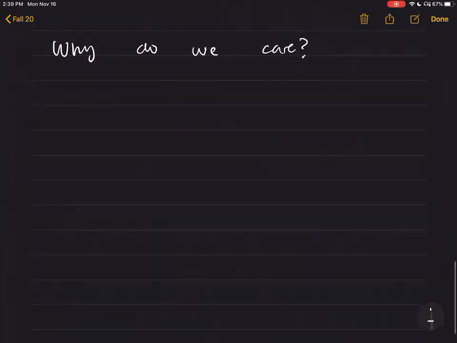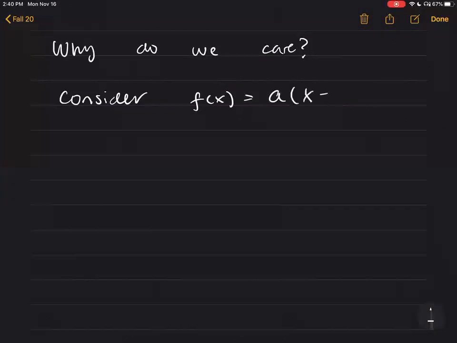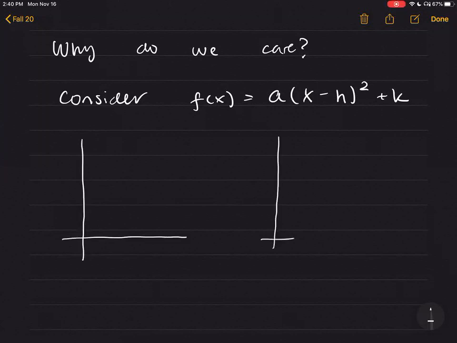So let's say I have something in standard form. So we've got our a, our x minus h squared plus k, like that. And depending on the sign of a, so depending on whether a is positive or negative, you'll have one of two cases.